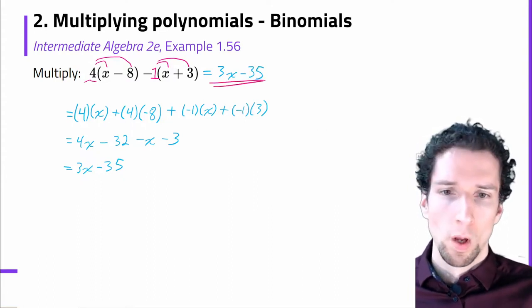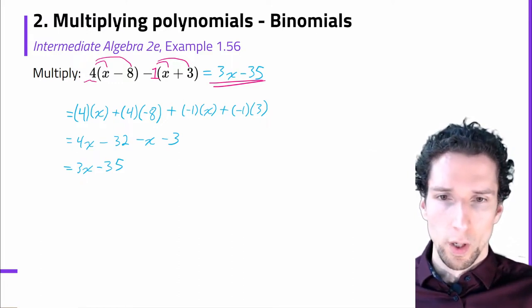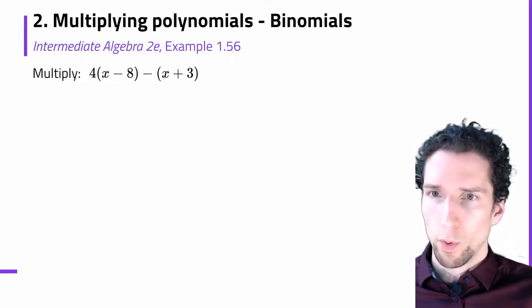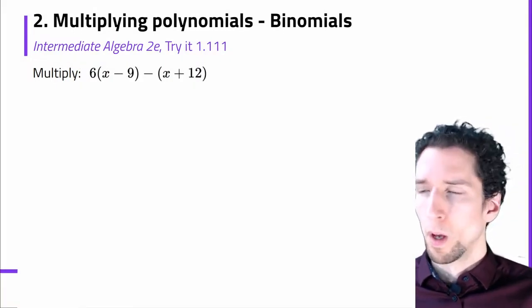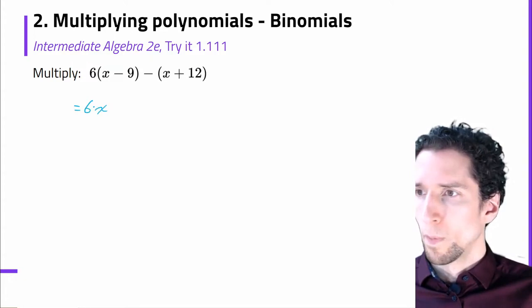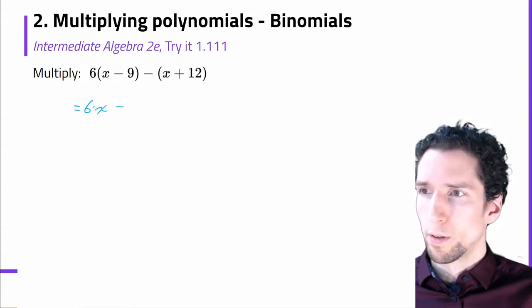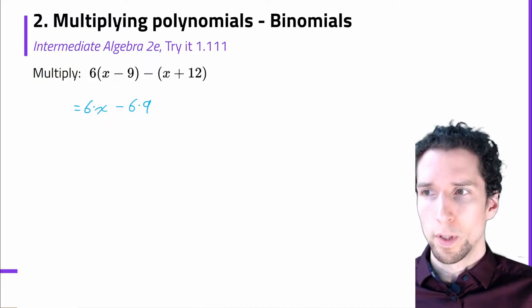Okay. All right, so nice simple example. I will do our standard process, one for me and then one for you. So if I'm multiplying these, then that's 6 times x, and I will write this as minus 6 times 9. I recognize that it's a positive 6 and a -9, so the result will be negative, so we're subtracting that.